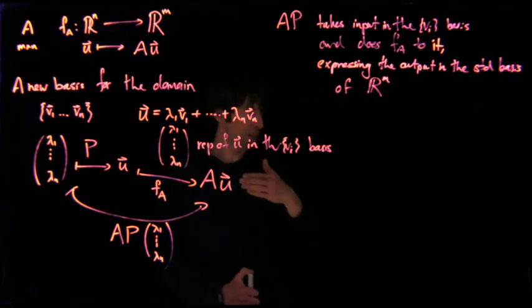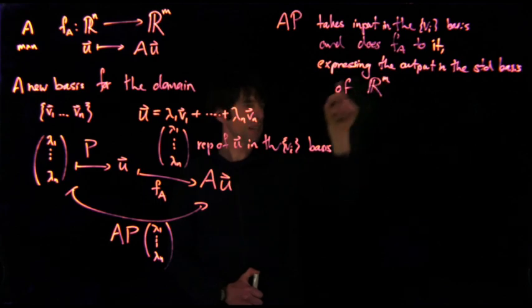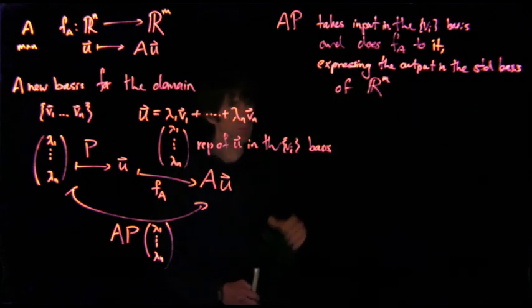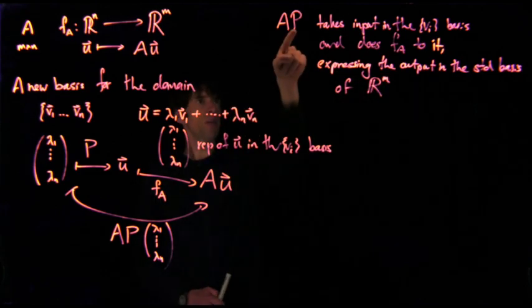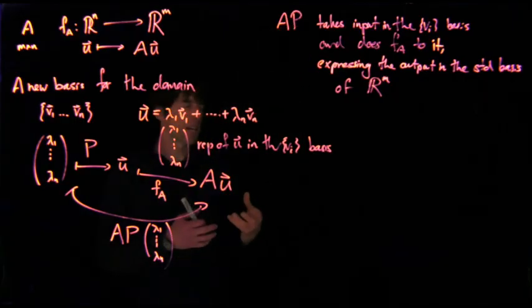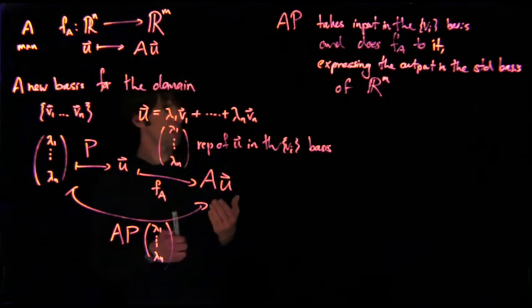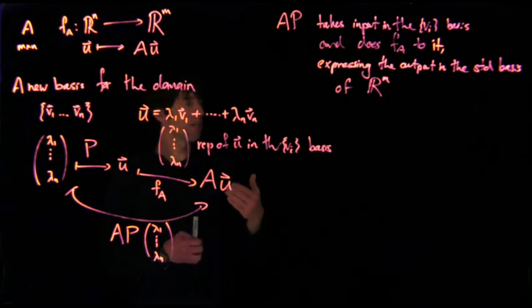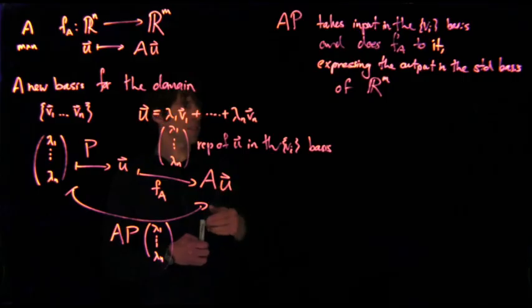So we get just a list of the components, the m different components here. OK, so by sticking a P on the right-hand side of A, we've changed A so that instead of taking its input in the standard basis, it expects an input to be expressed in the v basis.